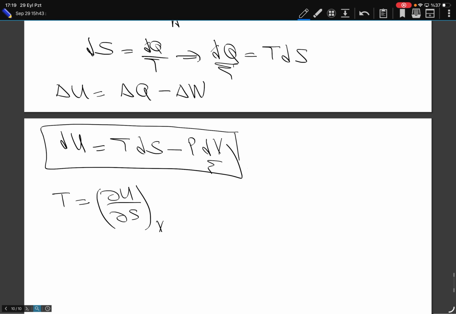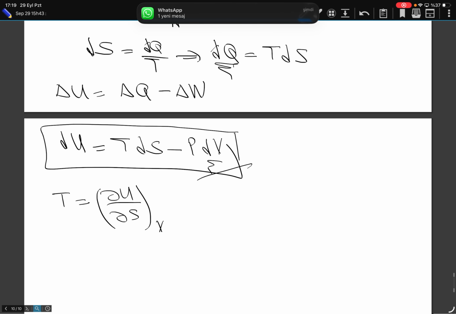It will have a uniform pressure. I am slowly heating my system so that the temperature will be the same throughout the system at all steps. If these are satisfied, then this relationship will hold. Because otherwise, if the pressure isn't constant throughout my system, what is the P over there? This equation basically doesn't make any sense for such systems. Anyway, T is given by this expression.